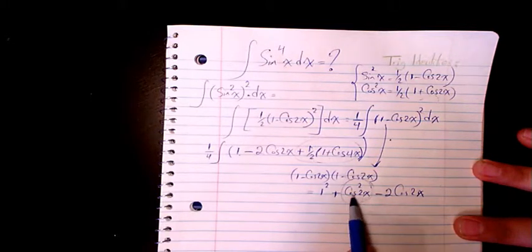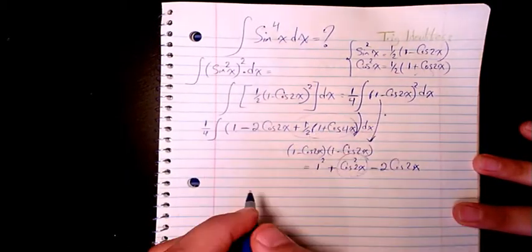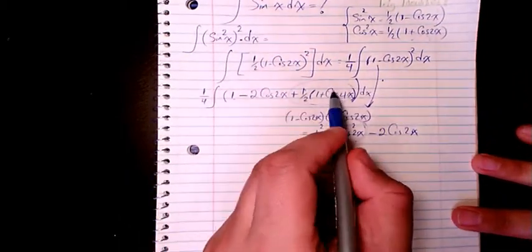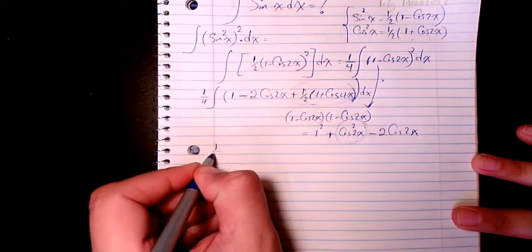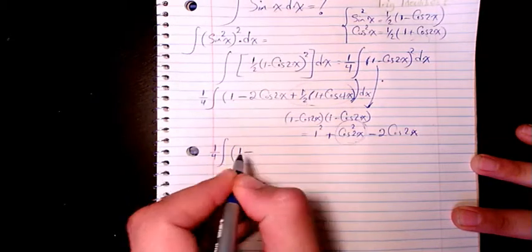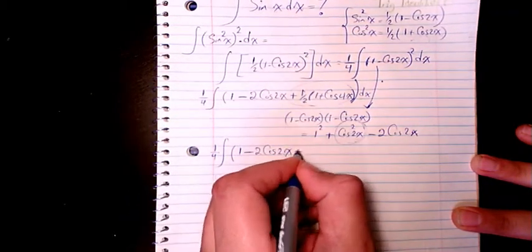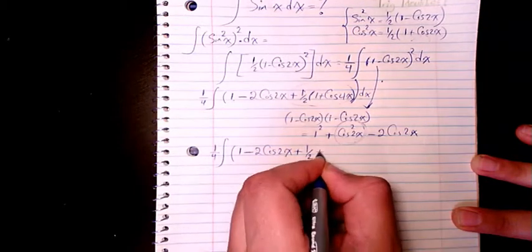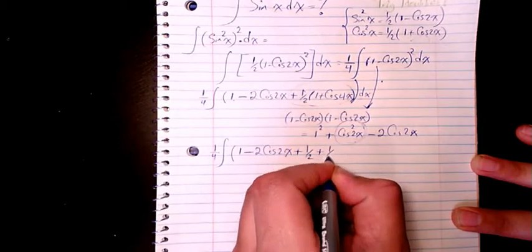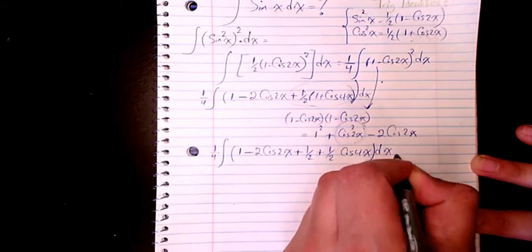So instead of 2x, 2 times 2x is going to be 4x. So then we come back here and try to expand it more. We have 1 minus 2 cosine 2x plus 1 over 2 plus 1 over 2 cosine 4x dx.